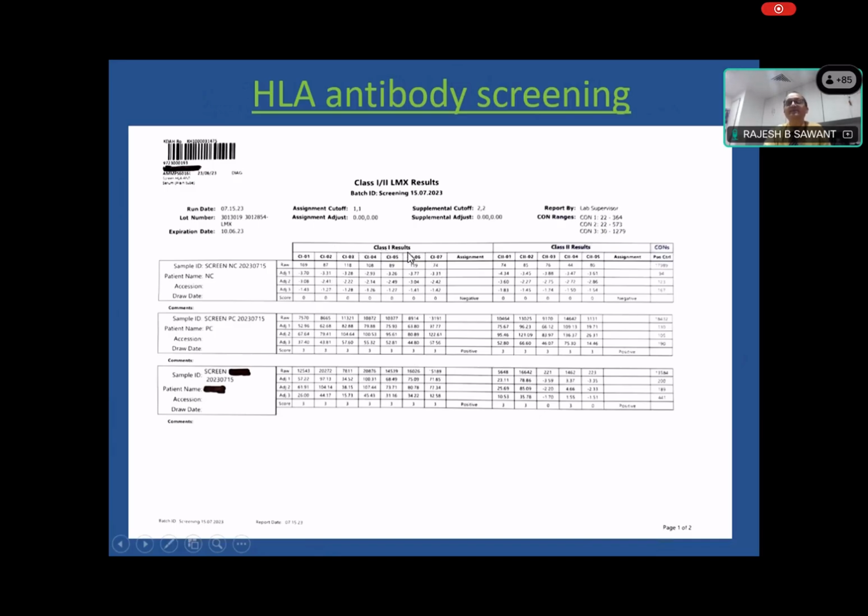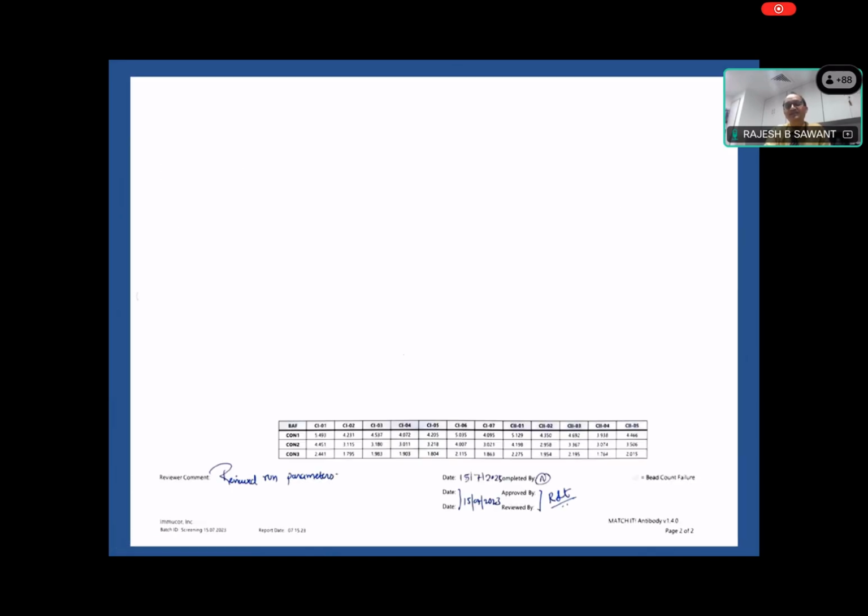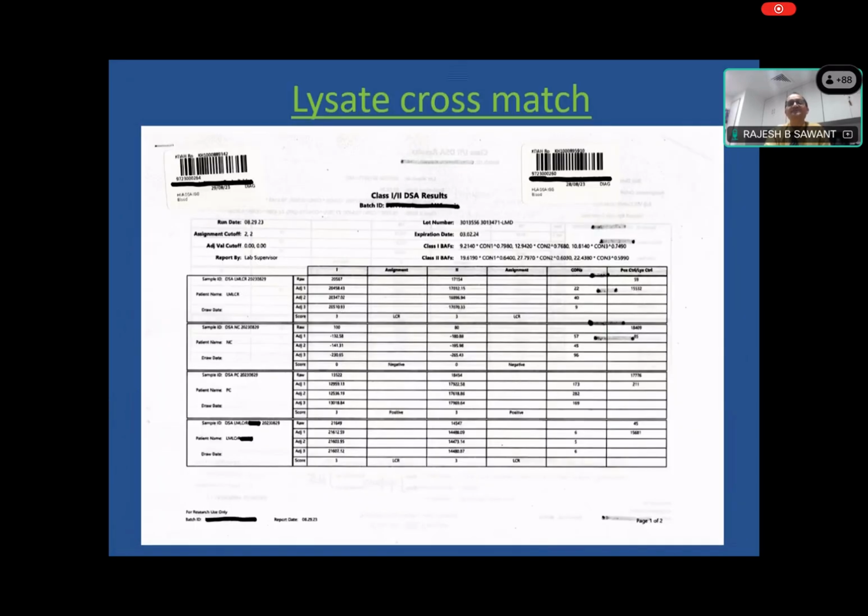This is how the report looks for the class 1 and class 2 screening. You can see the class 1 results and the class 2 results. In class 1 there are 7 beads, and for class 2 there are 5 different beads, and you have a positive and a negative control, and the patient screening results, which you quantitate in terms of mean fluorescence intensity, MFI.